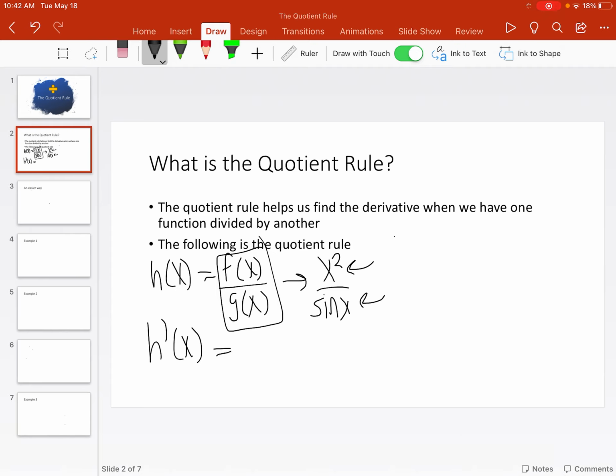So the quotient rule says that, looking at this expression, the numerator is f of x and the denominator is g of x.